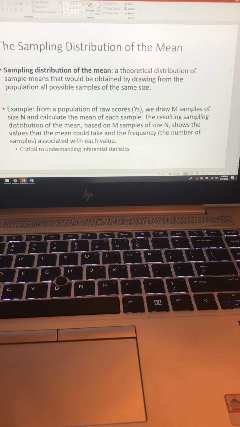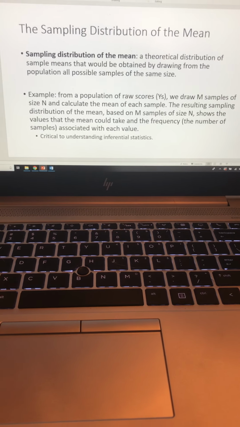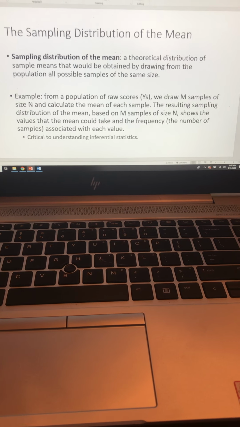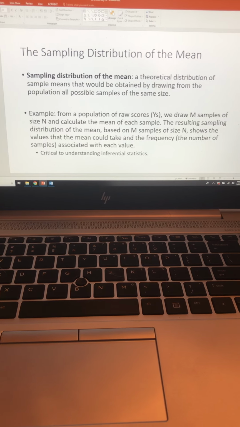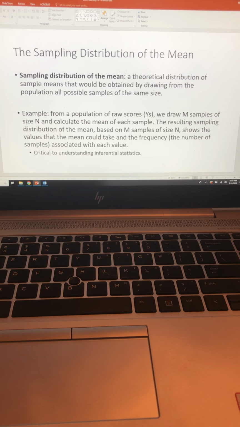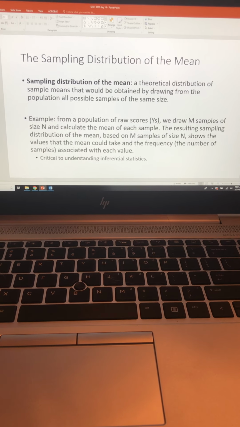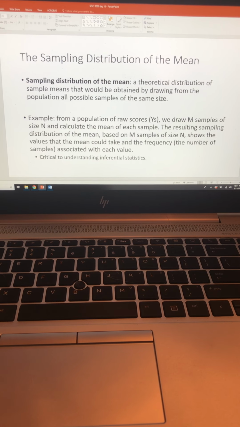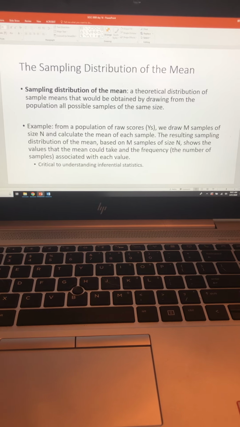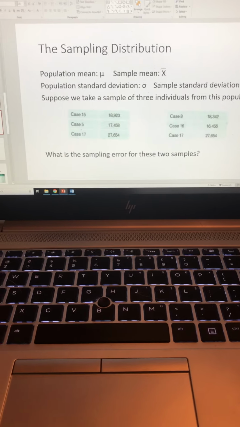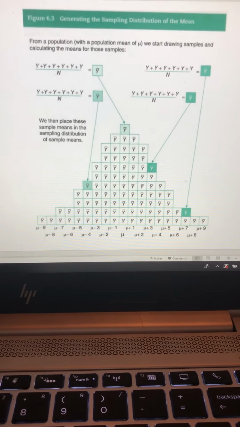So we draw m samples, so multiple samples of size n, and calculate the mean of each sample. The resulting sampling distribution of the mean based on m samples of size n shows the values that the mean could take and the frequency associated with each value. Again, that's this distribution here.